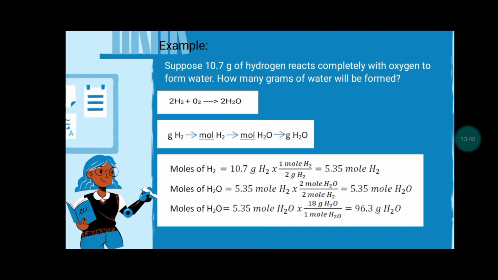The molecular weight of oxygen is 16 plus the molecular weight of H2 is 2, so 18 gram. And then we can get the gram, which is 96.3 gram H2O. So, again, it is just a conversion from one unit to another, from one form to another.